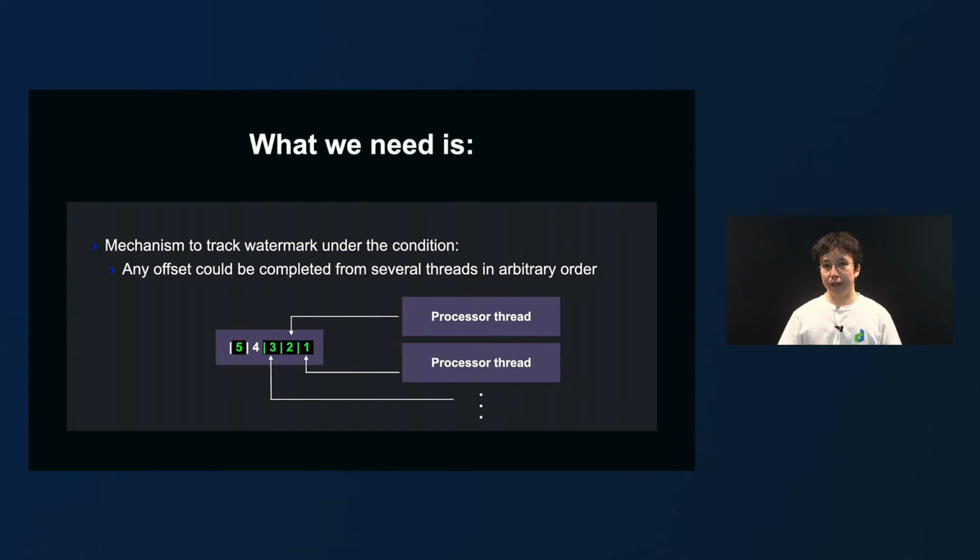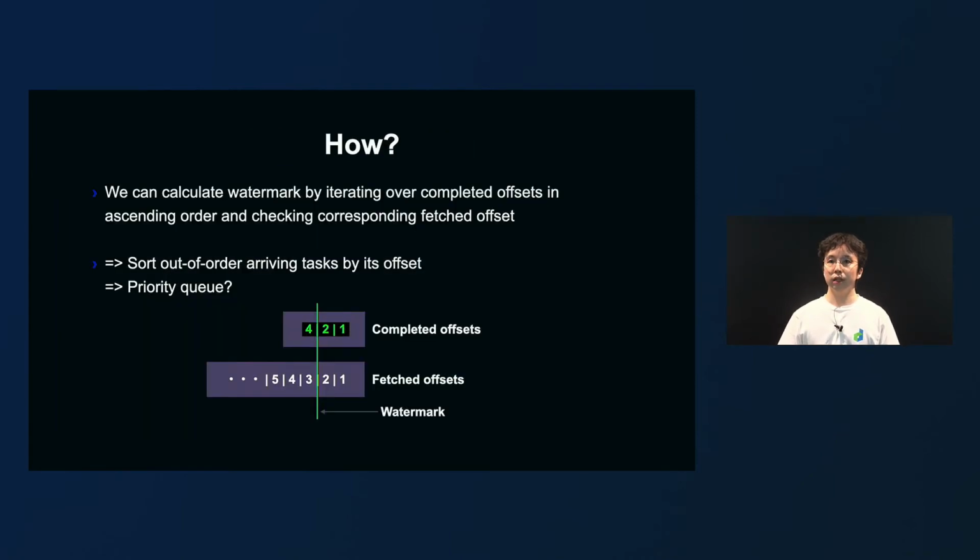In other words, what we need here is a mechanism to track the Watermark under the condition that multiple threads are executed in arbitrary order. So how can we realize this?